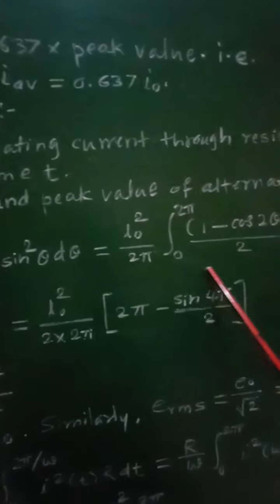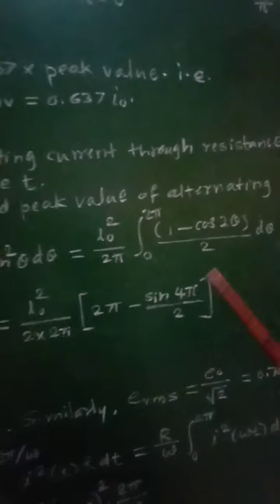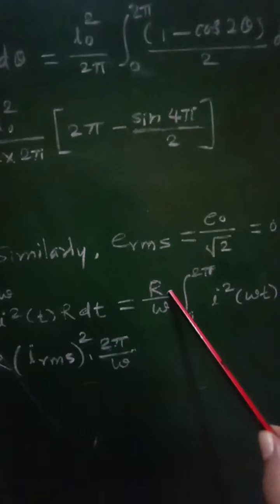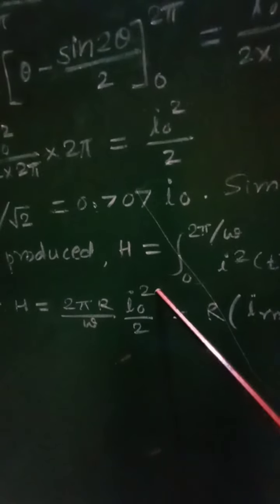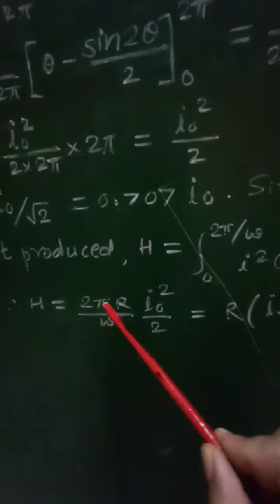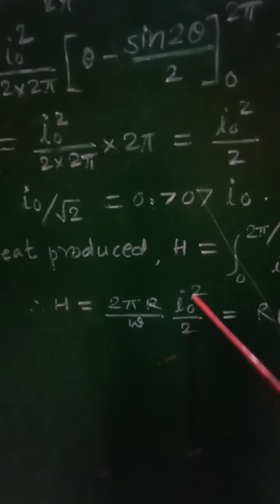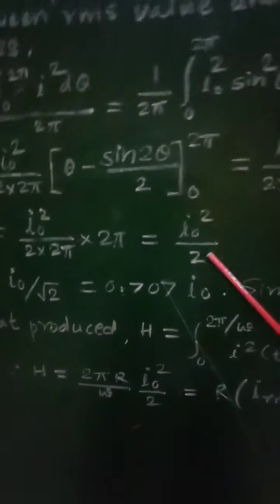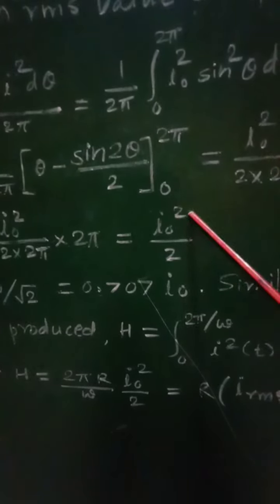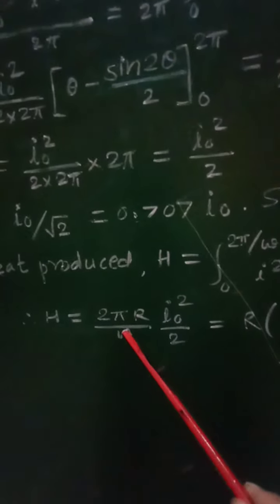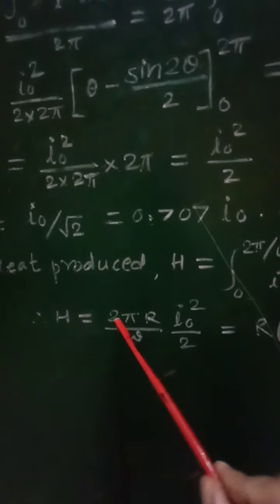In the similar manner, if you solve this integration again, I0 square will be taken out of the integration, and we will get H equal to 2 pi R upon omega into I0 square upon 2, because here I RMS square is equal to I0 square by 2, so this value will come as it is, along with 2 pi.